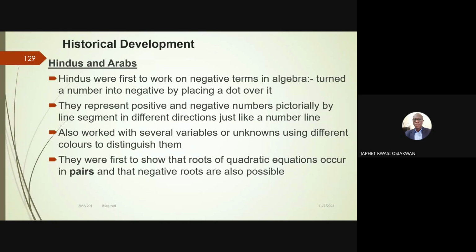Do you know what we mean by the roots of a quadratic? The roots of a quadratic, that is when you draw your graph.